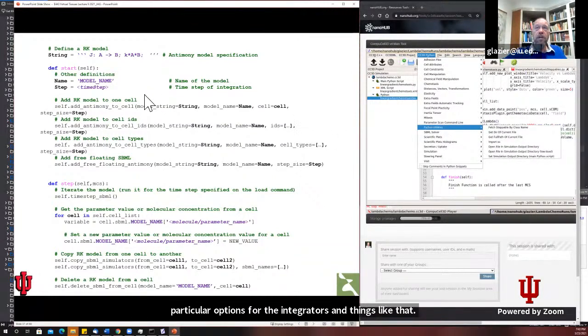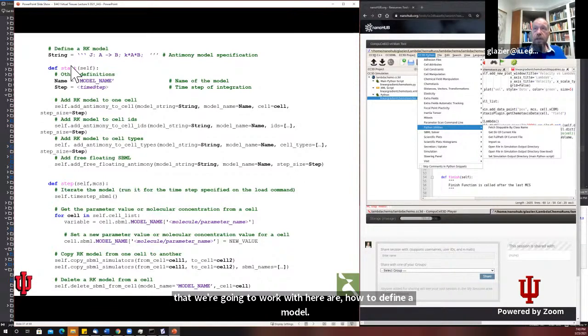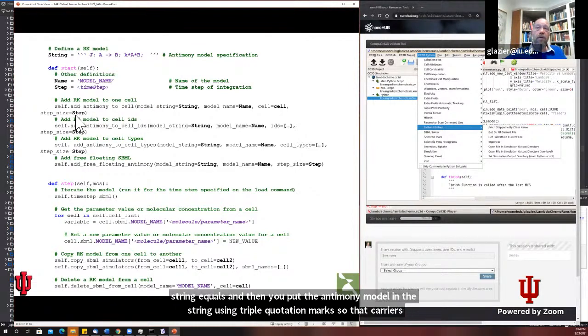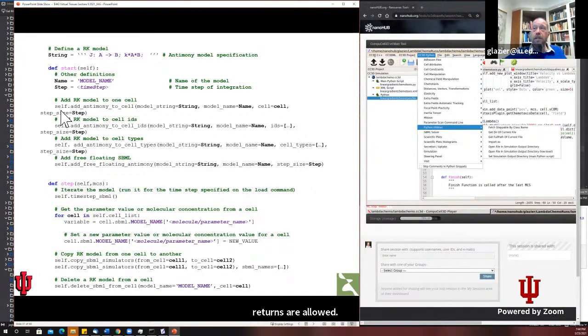The main ones that we're going to work with here are how to define a model, and we'll be using antimony primarily. So we'll say string equals, and then you put the antimony model in the string using triple quotation marks so that carriage returns are allowed. And then if we want to add an antimony model to a cell, we say self.add_antimony_to_cell.